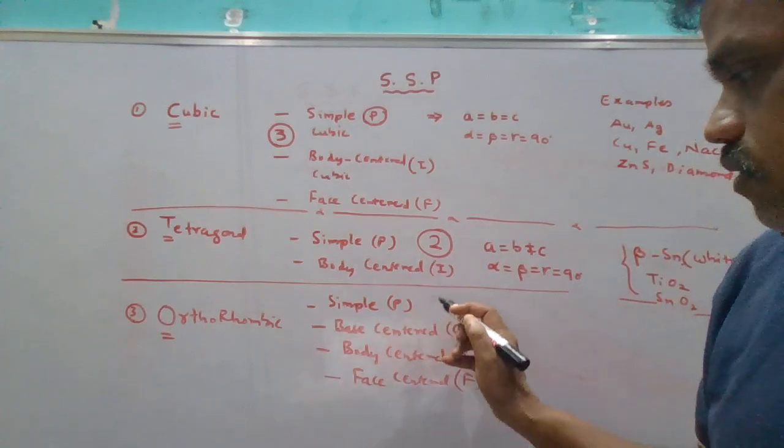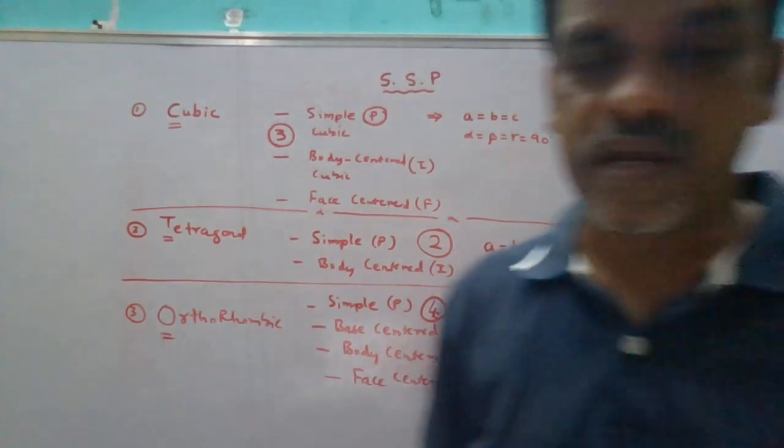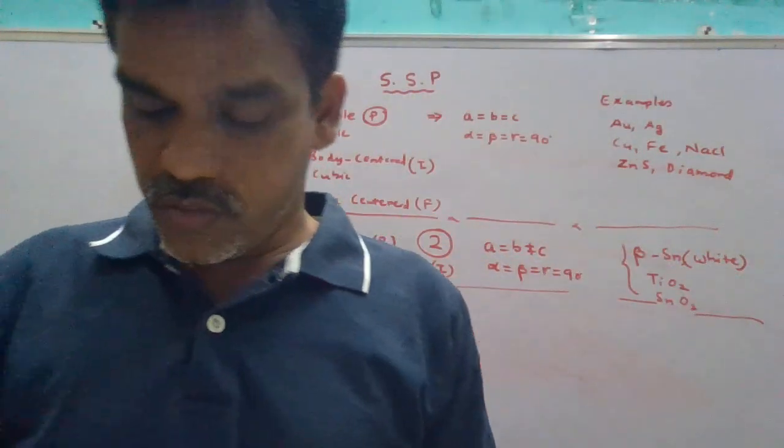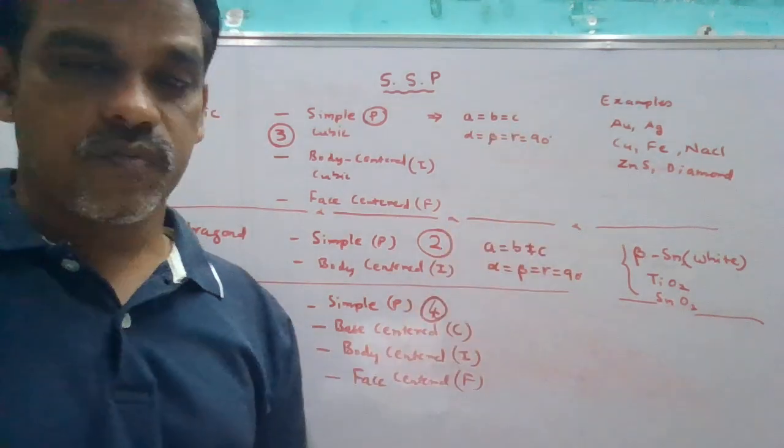So the third crystal system is the orthorhombic system. How many Bravais lattices in this system? Four Bravais lattices exist. So what are the unit cell characteristics?